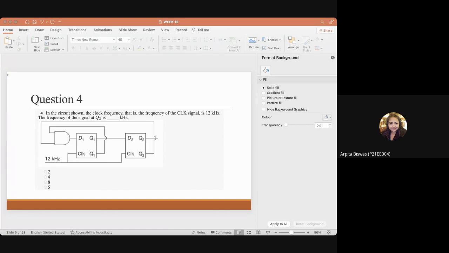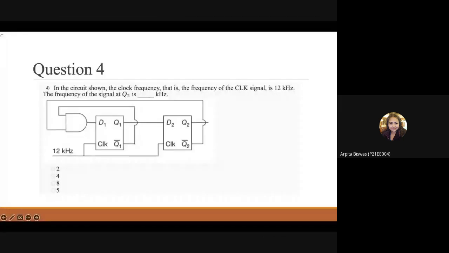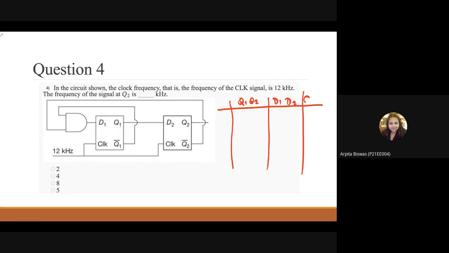See, this is Q1 and Q2. This is D1 and D2. And this is the next state. This Q1 plus, we can write down the next state, and this is the Q2 plus.